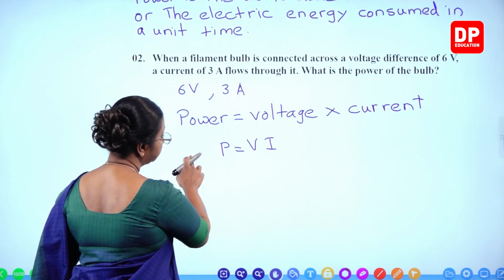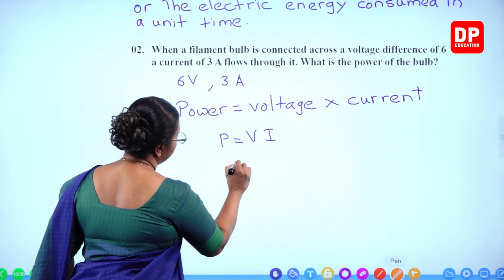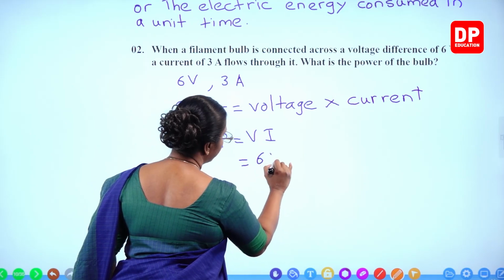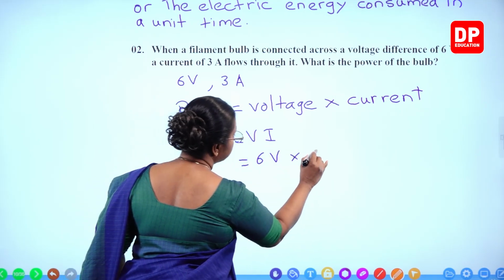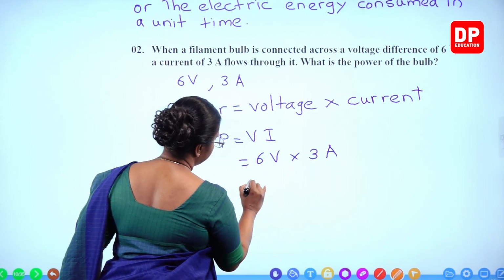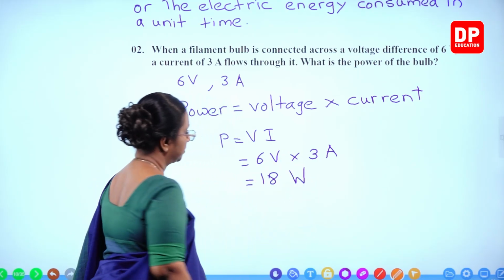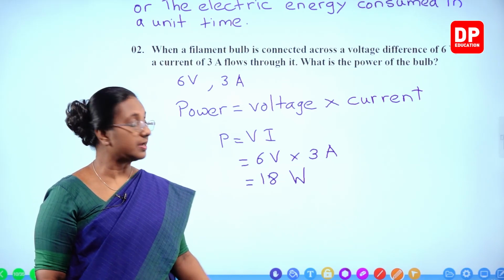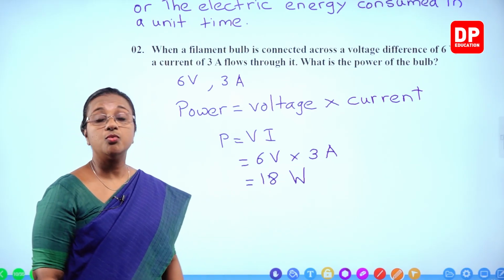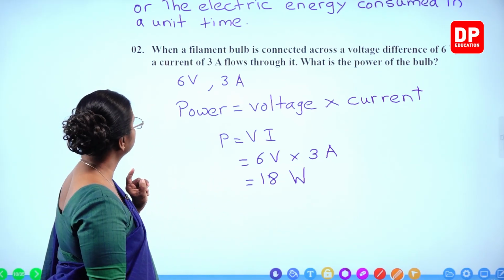So here, voltage 6 volts into current 3 amperes. So that is 6 into 3, 18 watts. Volts into amperes, the unit of power is watts. 18 watts of power.